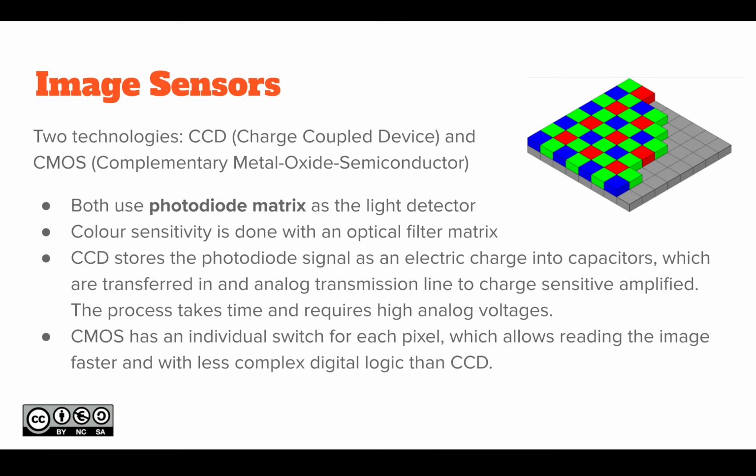So each line actually gets transferred pixel by pixel into one charge coupled amplifier, and the process takes time and also requires high analog voltages, which is a drawback of the CCD. But anyways, it uses one single charge amplifier, which is practically quite a good thing, since then you can do calibrated CCD matrices. Okay.